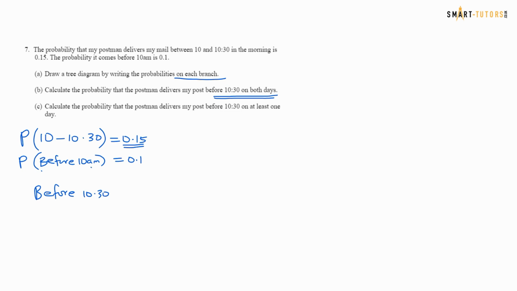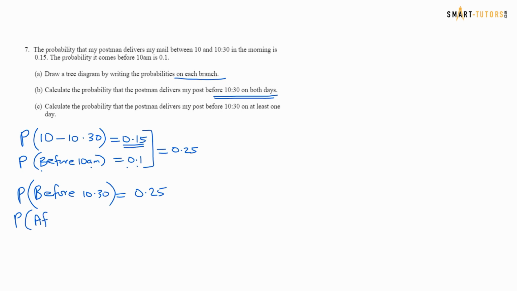Before 10 a.m. means 0.1. So if I add these together, is 0.25. Right? So before 10:30 means is definitely 0.25. So probability is before 10:30 is 0.25.